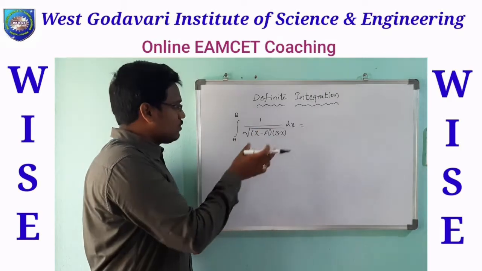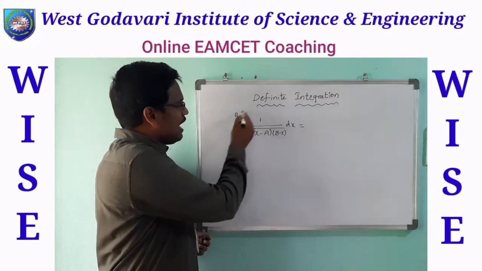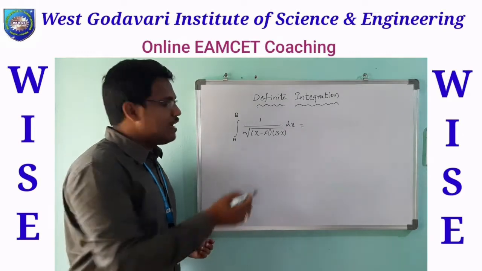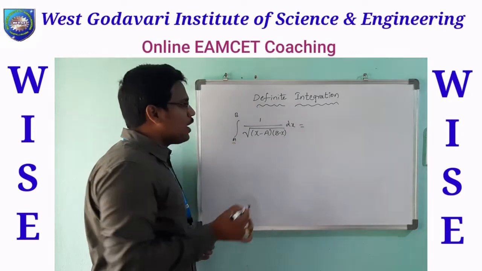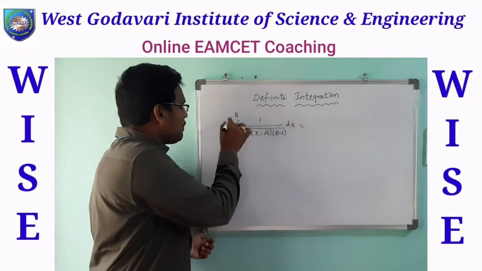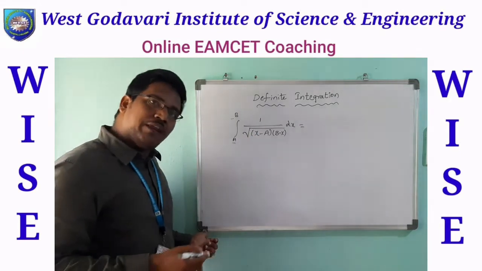Observe one thing here, the integration is the definite integration because the integration has limits. So here a is the lower limit and b becomes the upper limit of the integration.